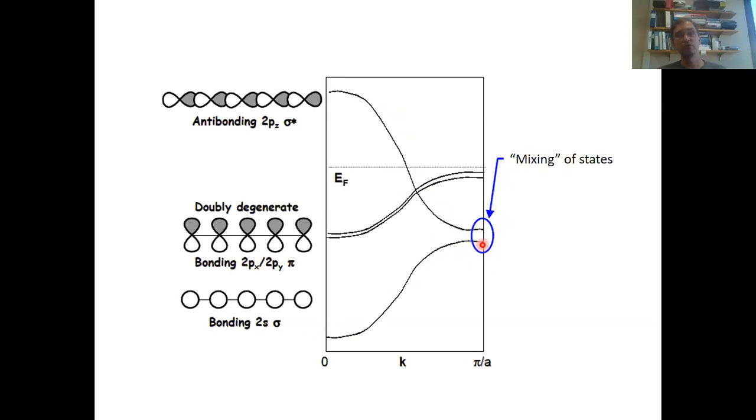This is, for example, not the case for the pi bands here interacting with the sigma band. Because they stand orthogonal to each other, they cannot interact with each other. Their symmetry isn't suitable, and therefore these bands can cross, and in fact, in this example, they do cross.